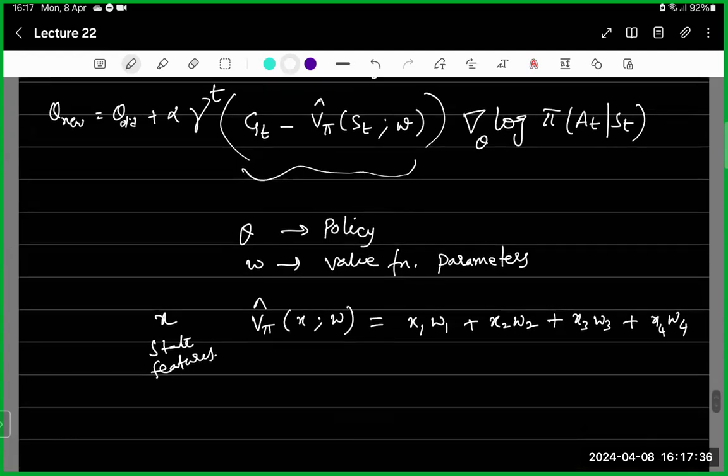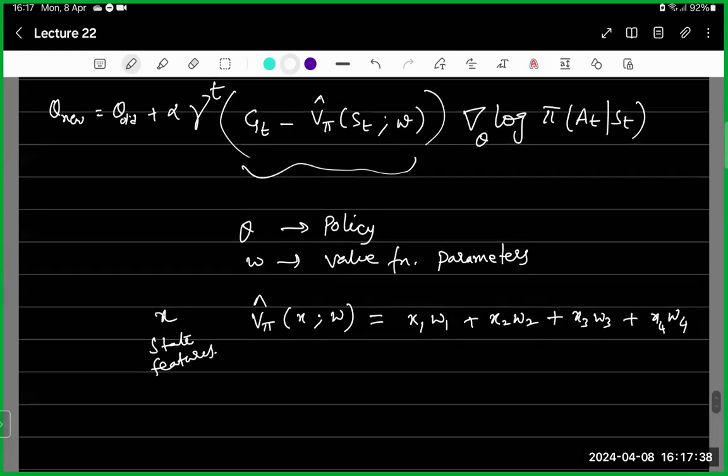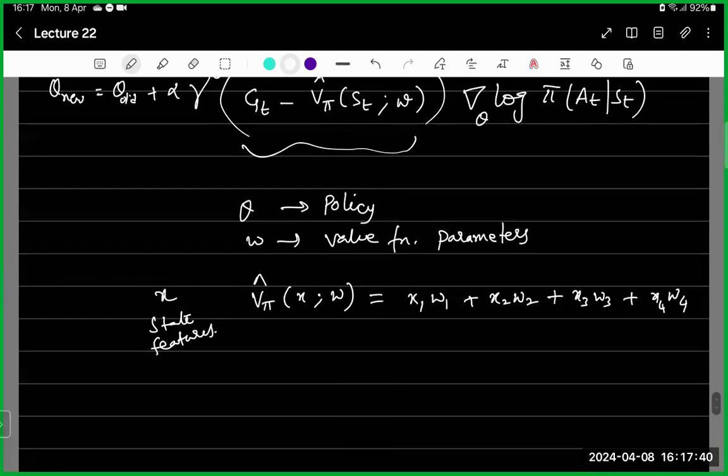Then how will we update our W? So we have to learn W also, right? If you use some arbitrary W's, then that won't represent the value function. So what did we learn in the function approximation for the value function?